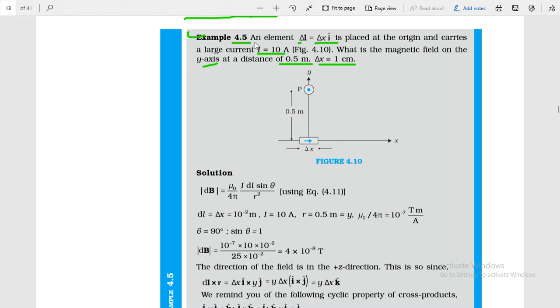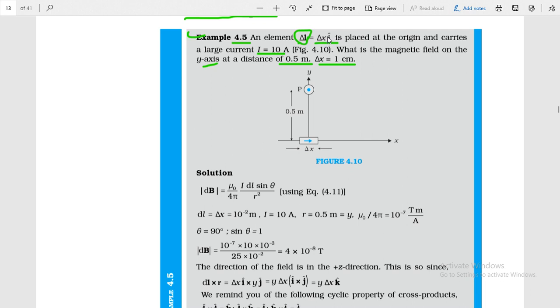Let me read the question again. Look at the screen and you can read this question by yourself. An element delta L is equal to delta x i cap. It means this is a vector, and this vector delta L is lying along the positive x-axis.